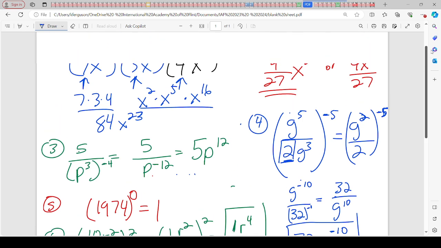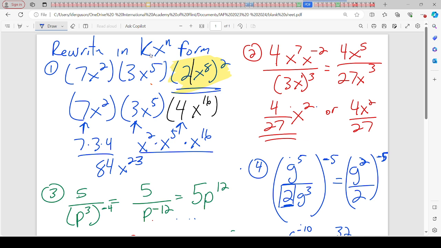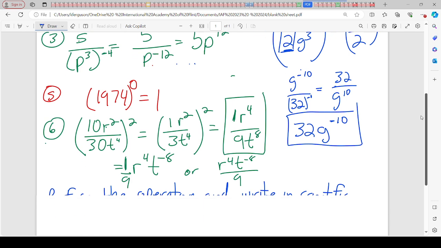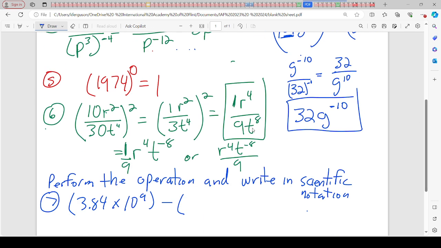But the instructions say put it in k times x to the n form. So that means all of my variables need to be in the numerator. They need to be like whole numbers. So I can't have my variables in the denominator. That's why Dorian had to stop me, because t to the eighth power was in the denominator and it needed to be moved up. That's why we got a negative exponent there.